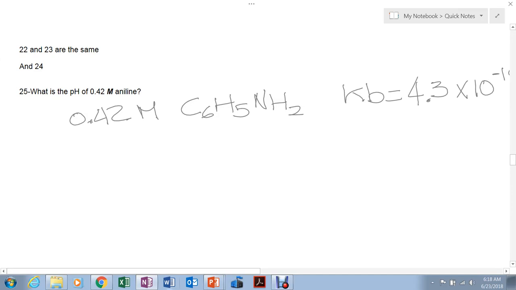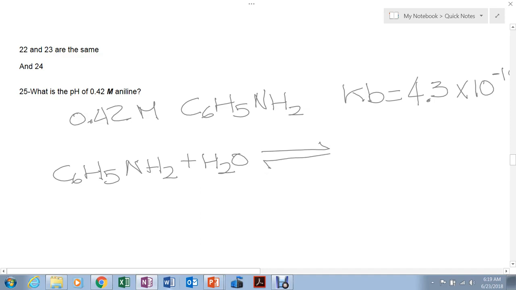So here we got C6H5NH2. Let's write the ionization so we can solve it. Basically, you wouldn't need to, but on the test I want to see it.